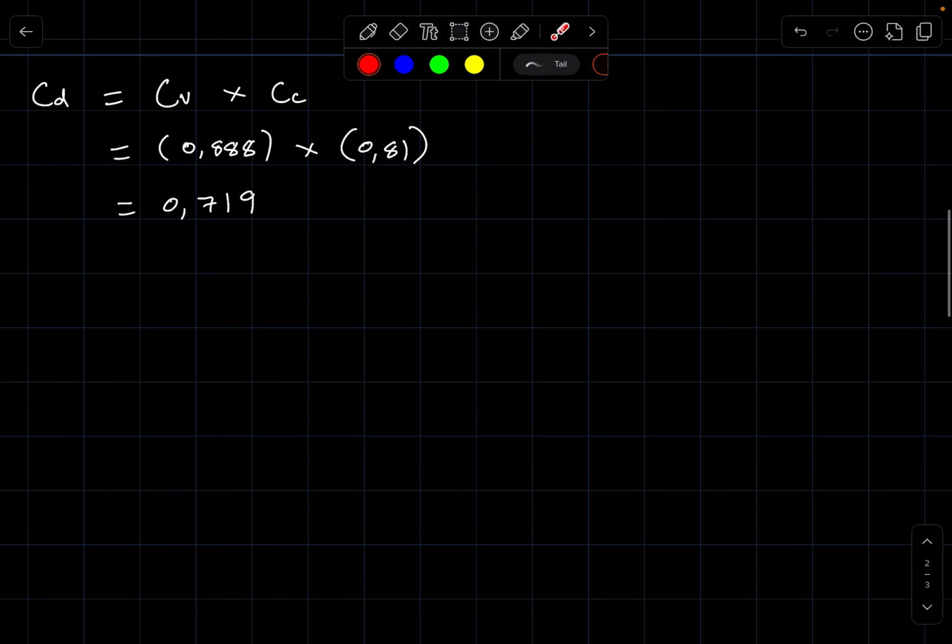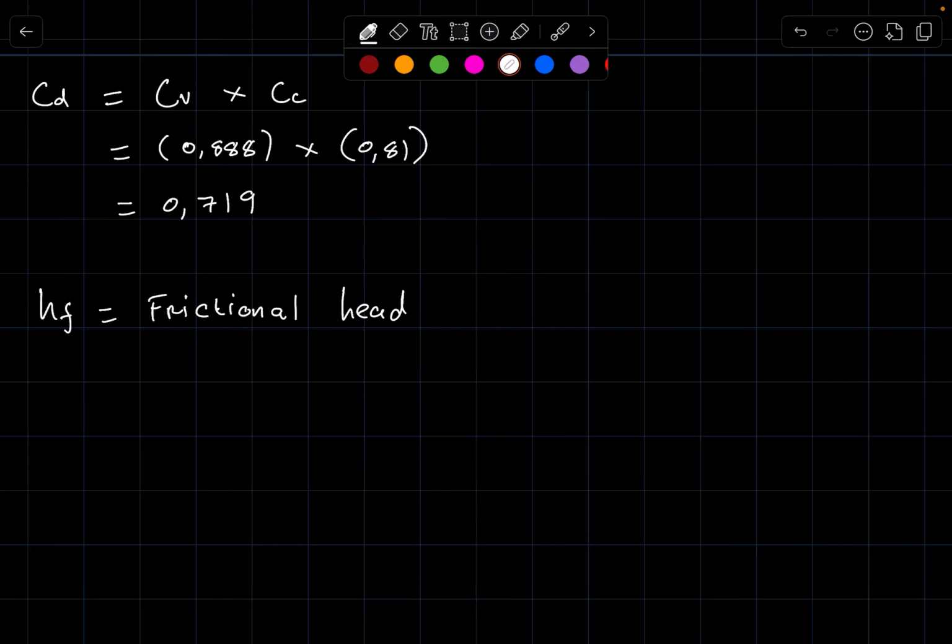So for instance, remember we get major losses and we get minor losses. Now at this level, Mechanotechnics N4, we only consider major losses, and major losses are your frictional losses, which we normally use as a frictional head loss.